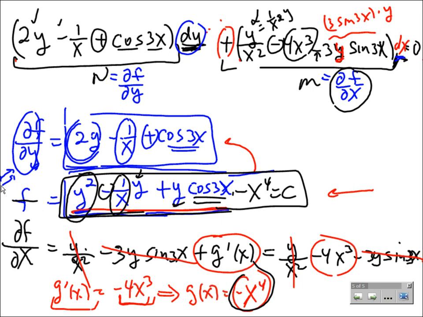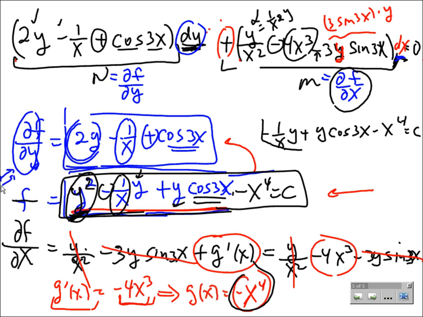Not every time can you solve for y. Now just for the record, you should always try to. For the record, if this y squared was not here, if I just had negative 1 over xy plus y cosine of 3x minus x to the 4th is equal to a constant, you can solve for y.